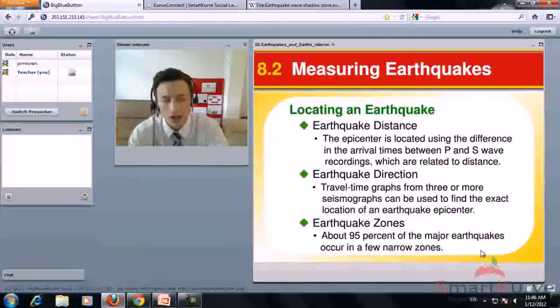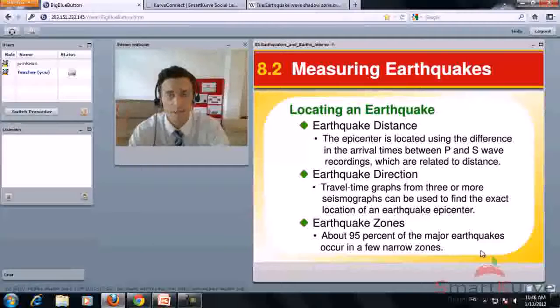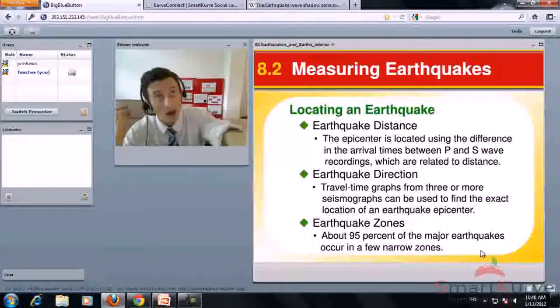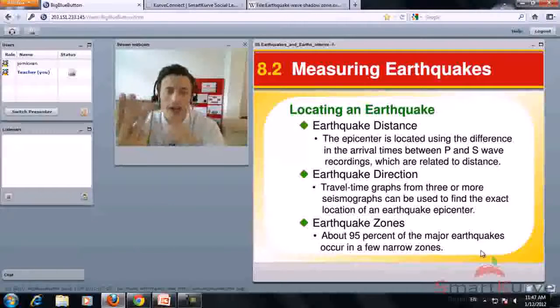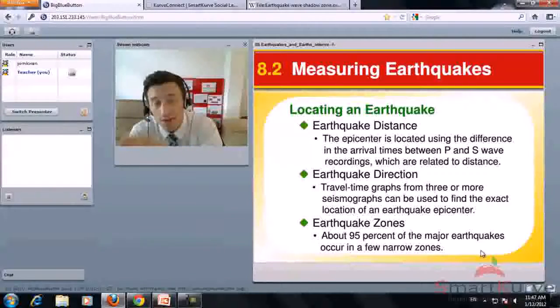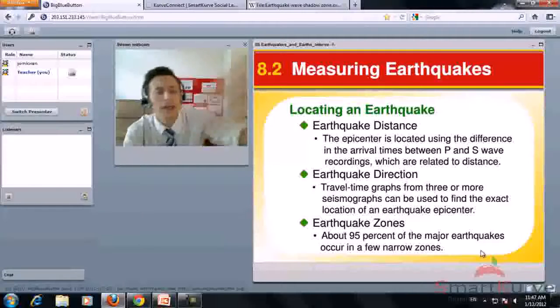So you can start counting, and for every second, that's about 350 meters. So if you see a flash of lightning and then you count 1, 2, 3, and then boom, you hear the thunder, you can think, okay, 3 seconds, 350 plus 350, 700 plus 350, 1050. So that lightning strike is about 1,000 meters away.